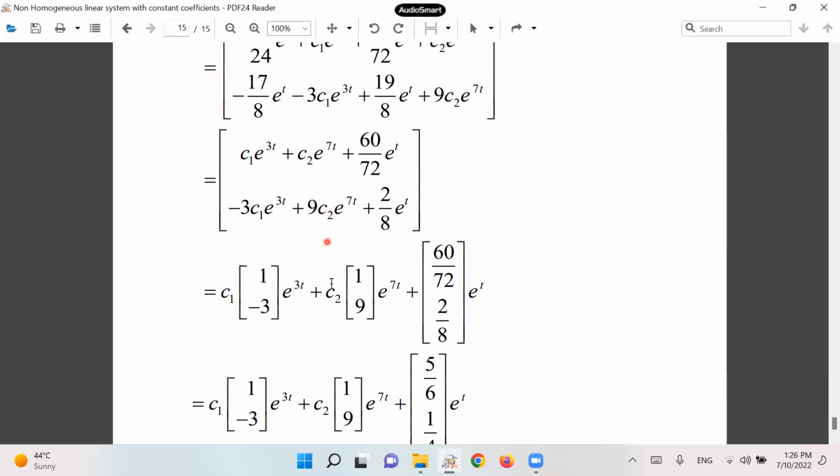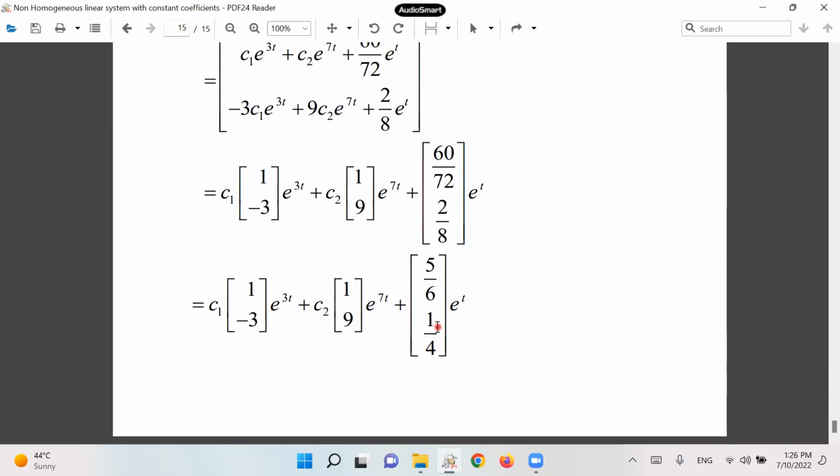For the second term, c2 is common, e power 7t is common also, and the coefficients are 1 and 9. Plus, we write the third term, where e power t is common, and the coefficient is 60 over 72, and the coefficient of this is 2 over 8.